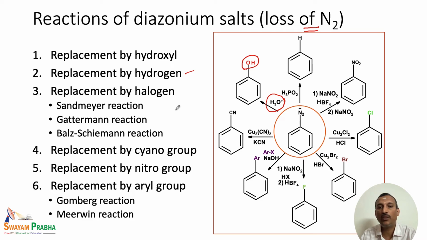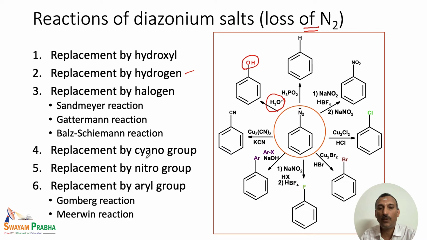Depending on the reagent we use, we have different types of products. The Balz-Schiemann reaction is for the fluoro derivative. We can use copper chloride and HCl, copper bromide and HBr, or sodium nitrite, HX and HBF4. These are all the various conditions by which we can prepare chloro, bromo or fluoro derivatives.